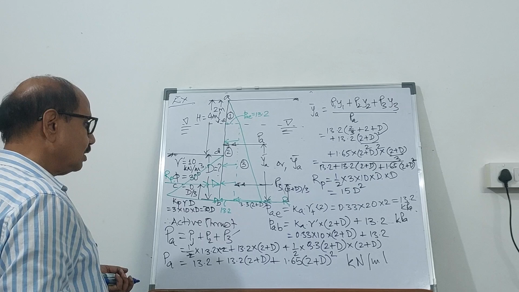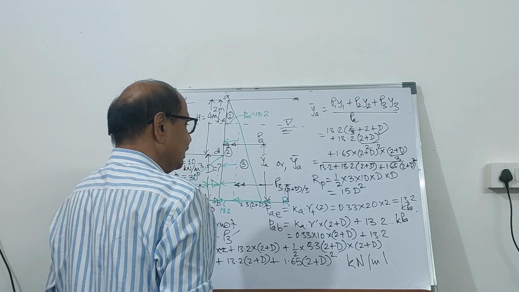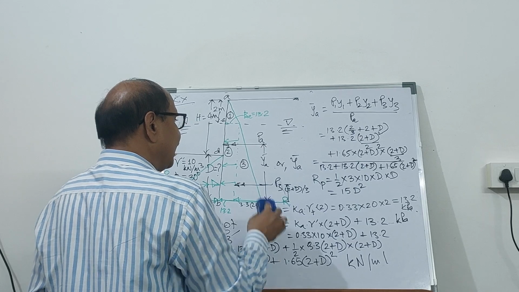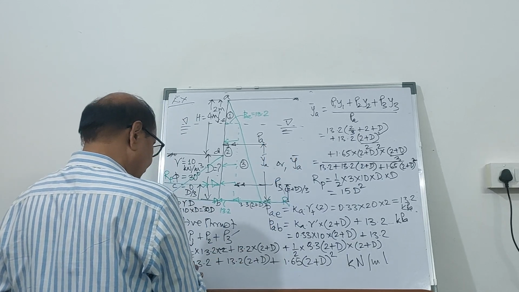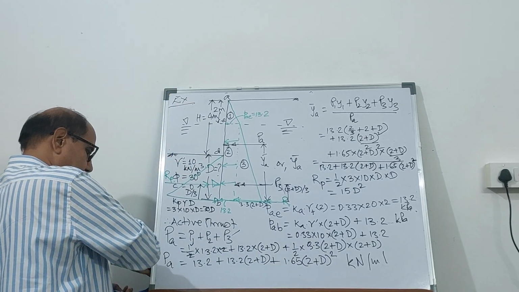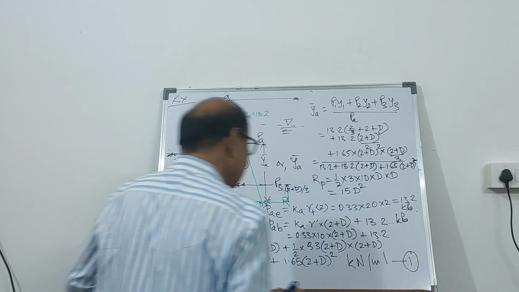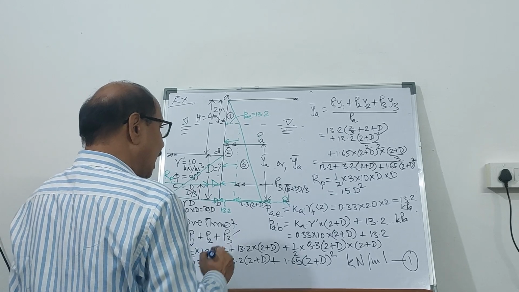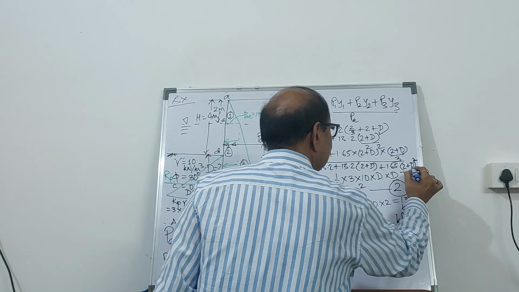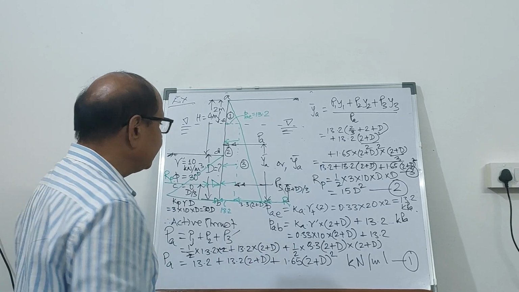Everything is known to us, and we have everything in terms of D. RP is in terms of D, PA is also in terms of D. So number one is PA, RP number 2 and YA bar number 3. Everything you have calculated in terms of D.